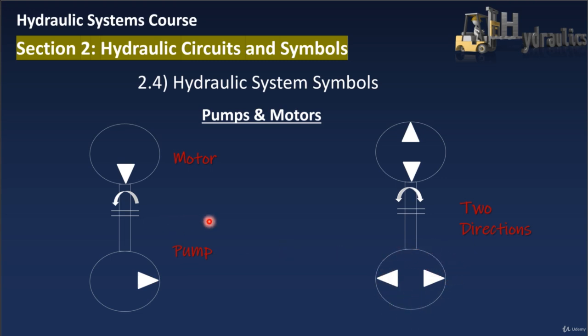The difference here is a single arrow, and here we have a double arrow in both directions, which indicates the flow or rotation of the pump in two directions. It can supply either here or backward. No matter what type of pump, all will be presented in the same way.